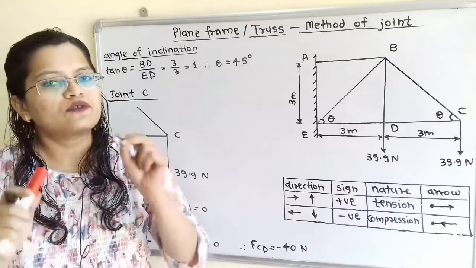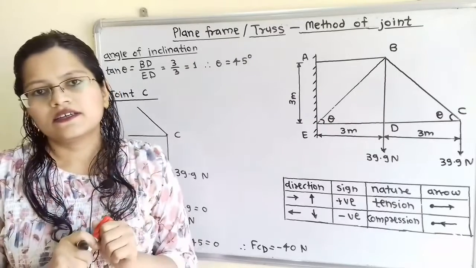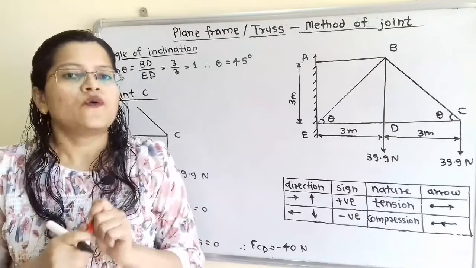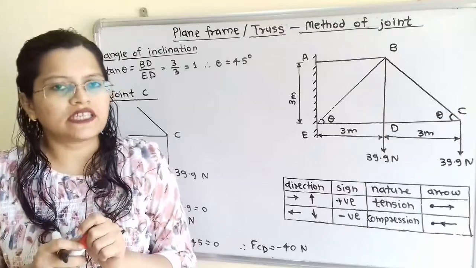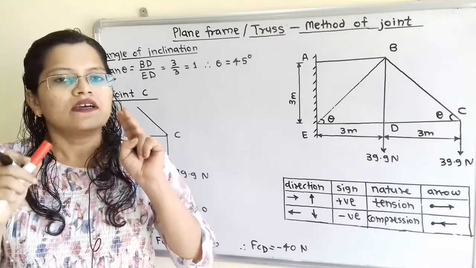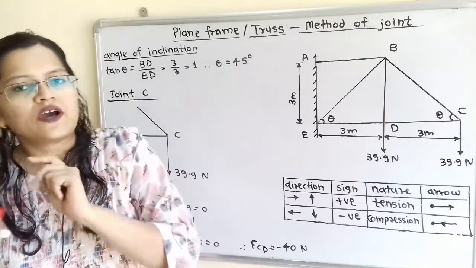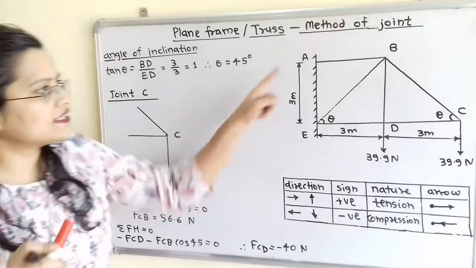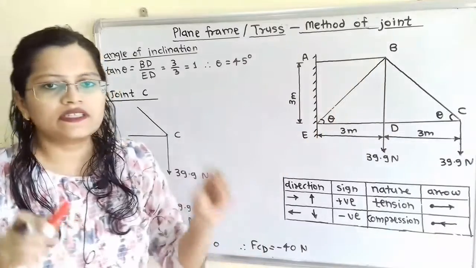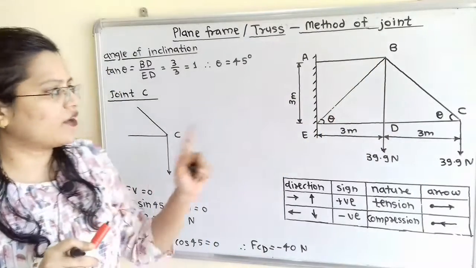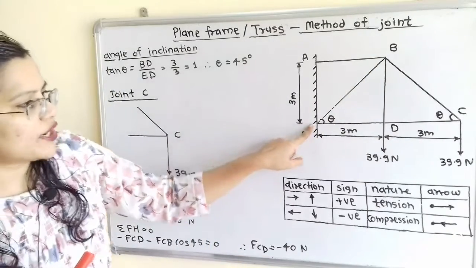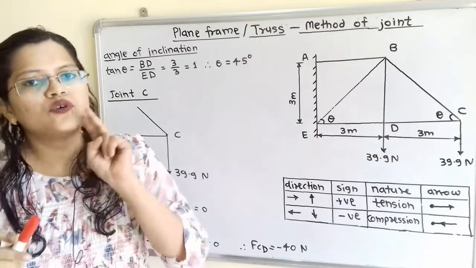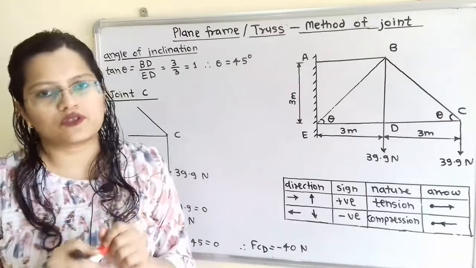Now we have to select the joint. So how to select the first joint? We have to select the joint in such a way that there are two members with unknown forces. Now we know each and every joint how it is connected. Now if we observe, here is joint E and here is joint C. Both are with two members with unknown forces.